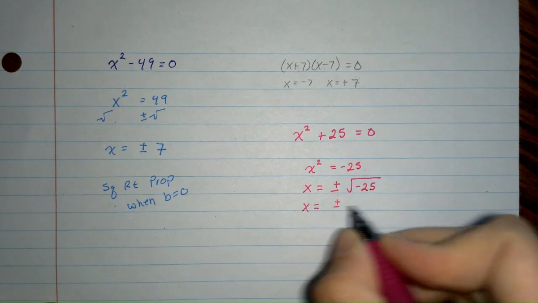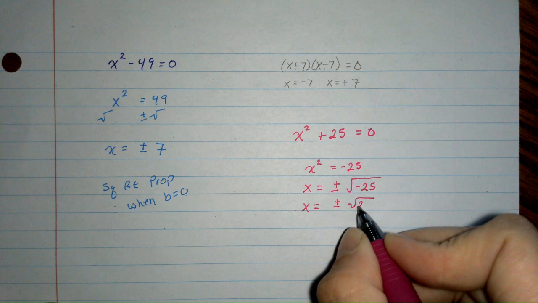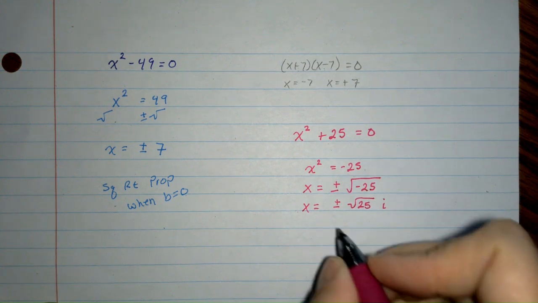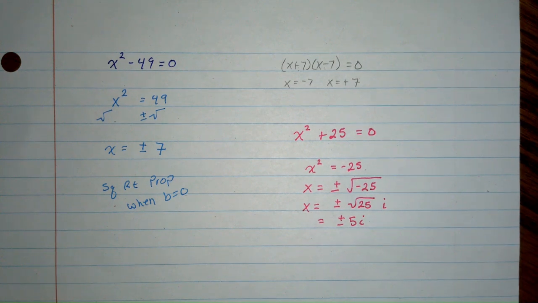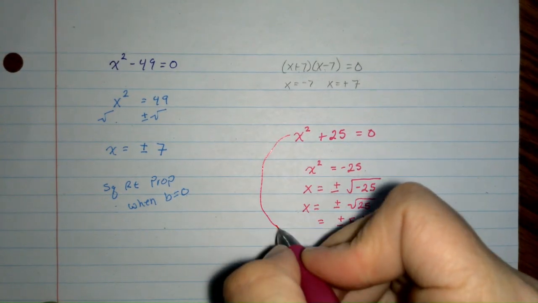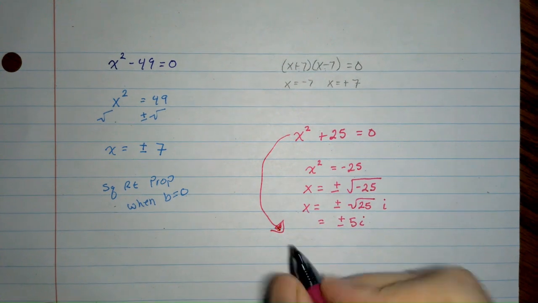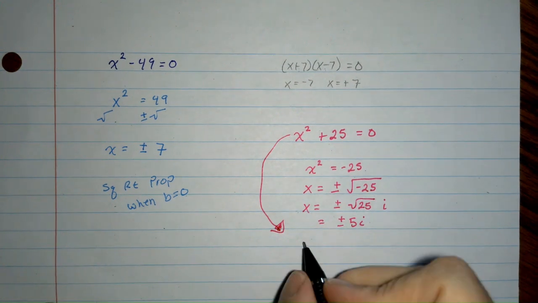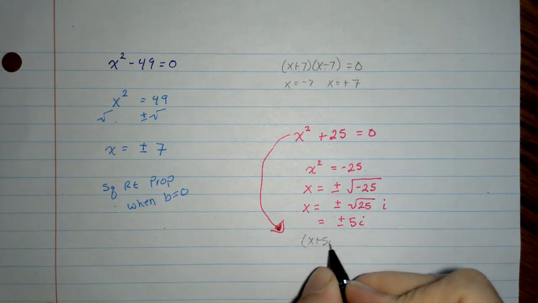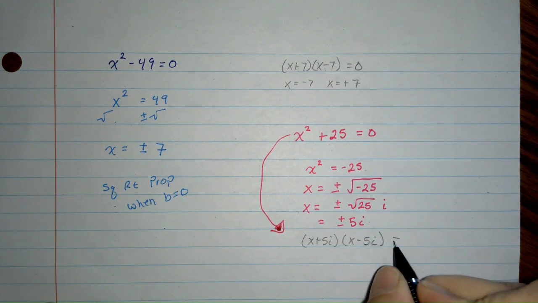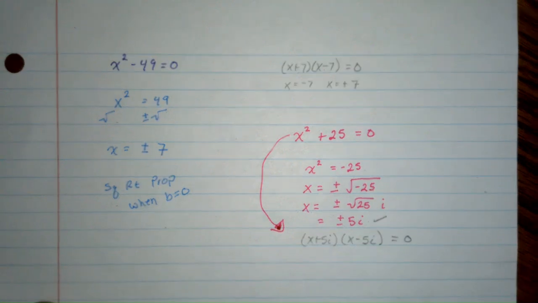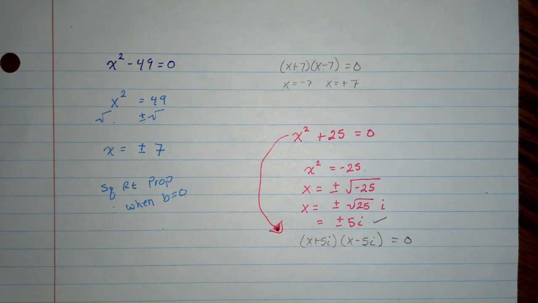So we have to pull out the negative by utilizing the i, and then we get plus or minus 5i, which means we can factor this as x plus 5i, x minus 5i, and we can see how the square root property reflects that as well.